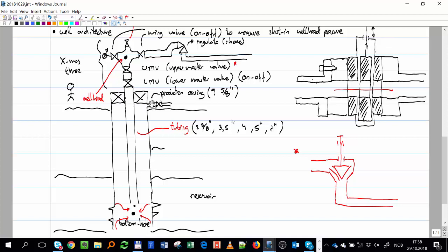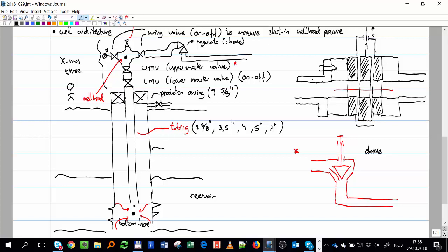And if we have flow through the annulus, we have a similar arrangement of valves: lower annulus master valve, upper annulus master valve, wing annulus valve, etc. So to not make it messy, I'm going to just stick to this drawing. So that's the choke. That clear? Yep.